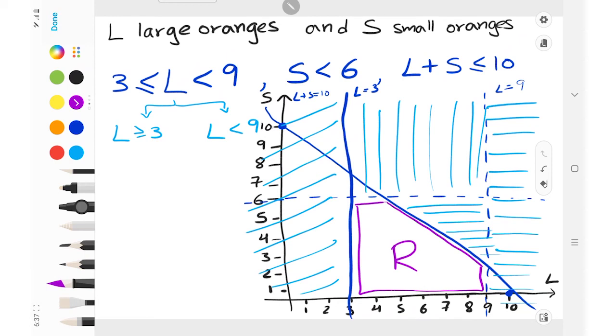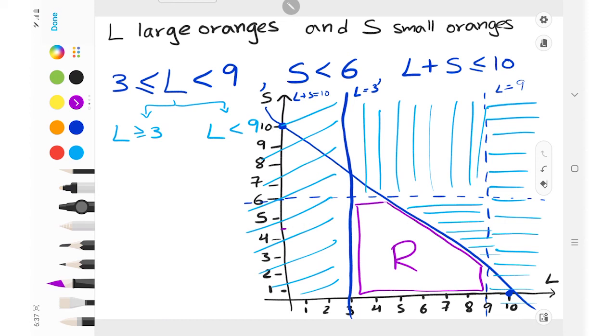Now, any point inside this purple region will be my solution. For example, 6 and 3. But here, if I take 4 and 6, this is wrong because 6 is not included. But I can take 6 and, for example, 4.5.